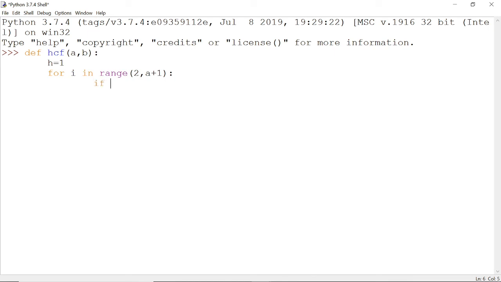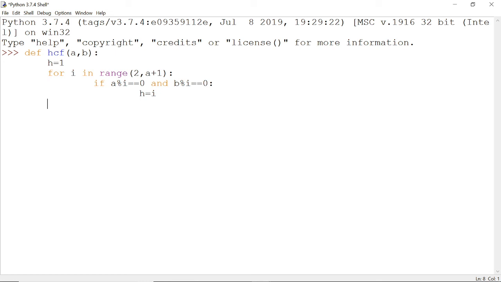So if I get a remainder of 0 when I divide a by i, and I get a remainder of 0 when I divide b by i, that means i is a factor of both a and b, so I want to set h equal to i. And then it will continue to go through the range looking for factors which are both factors of a and factors of b.